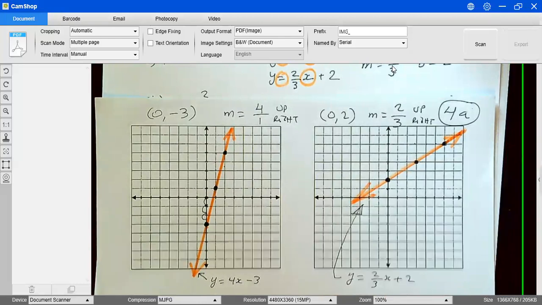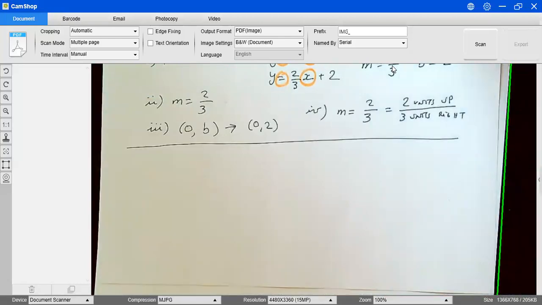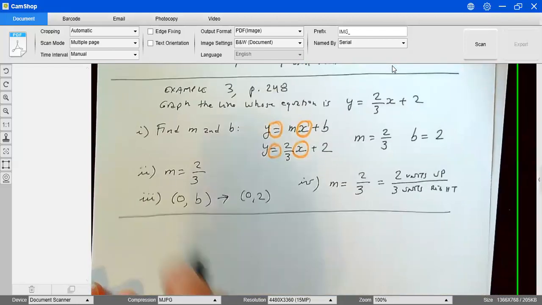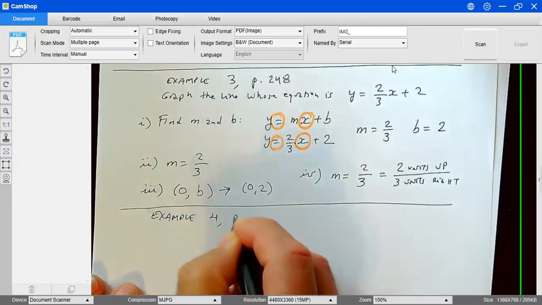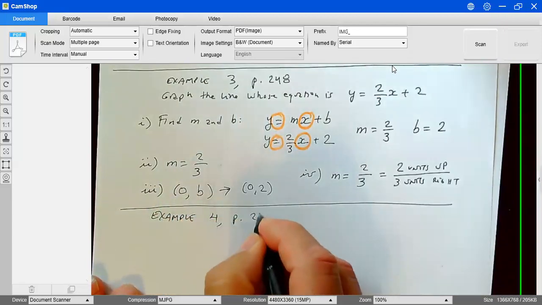So let me see. Now example 4. Example 4 on page 249.